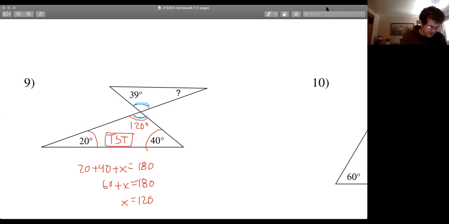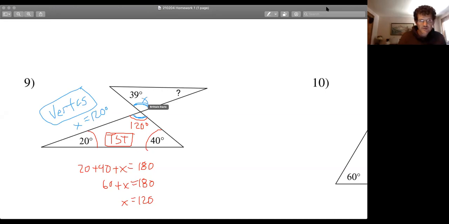They're identical. So I'll go ahead and write off to the side that we're using vertical angles, and X is going to be 120 degrees. That was my X. And again, you'll notice anytime I have a new problem, I just keep using a brand new X, and that's fine with me. So that's going to be 120 degrees.